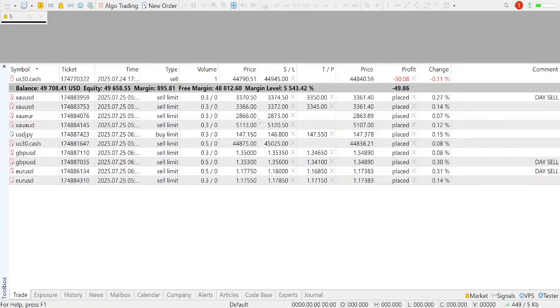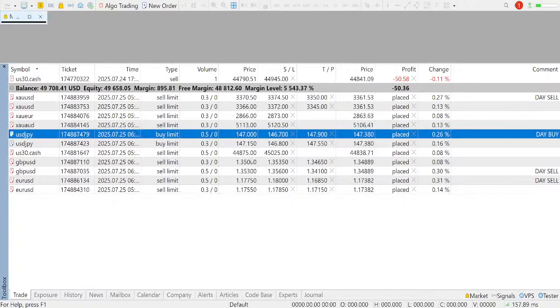Then the stop 46.70, and TP, remember, we got to exit before 95. Okay, so this is a day buy. So the day buy order, we are going for 47 buy, 46.70 stop, and 47.90 as our target.